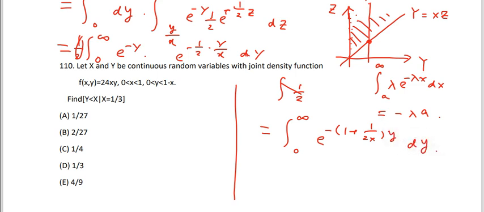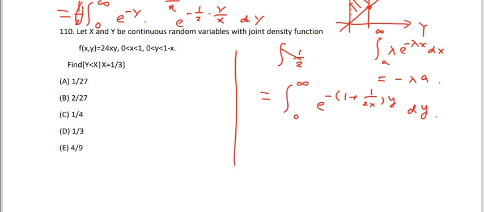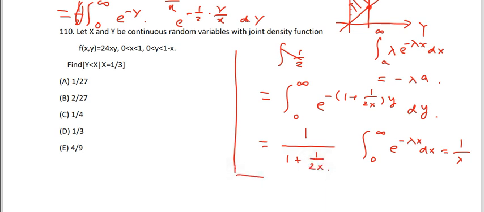For this integration we also use a formula you should remember: the integral from 0 to infinity of e^(-lambda x) dx equals 1 over lambda. So this equals 1 over 1 plus 1 over 2x. Okay, so this is F(x).